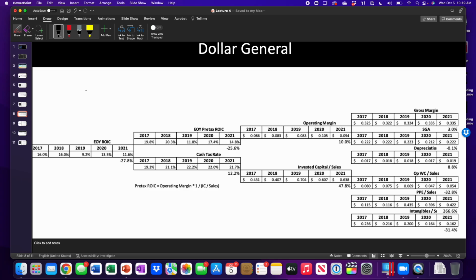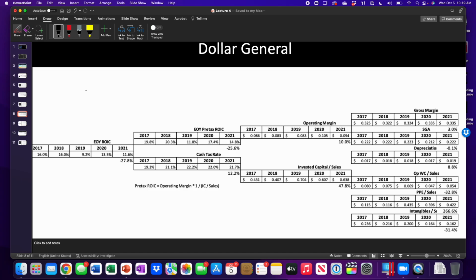And then finally, if you want to quickly summarize right to left, the big jump in PPE to sales, as he just pointed out, from 11.5 to 42, was the primary reason invested capital to sales got worse from 43 to 63.8, which offset the improvement in operating margin from 8.6 to 9.4 to lead to the pre-tax ROIC falling from 19.8 to 14.8.